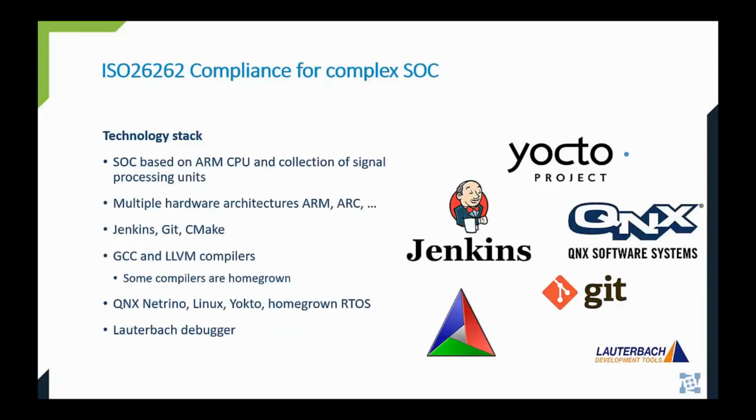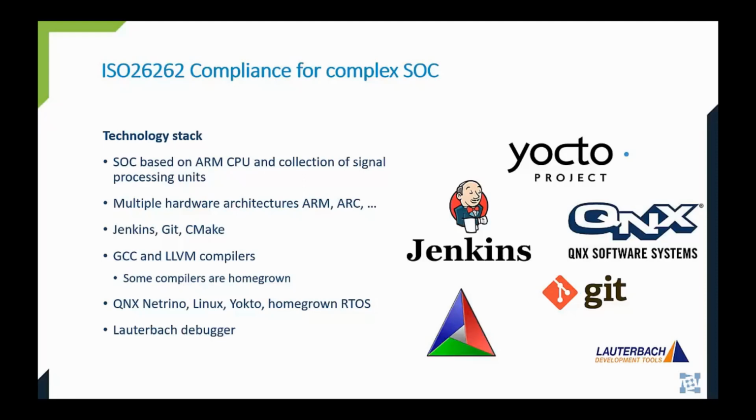And their technology stack is difficult to describe in one slide. There are more than 50 software components included in the SoC. Some of these components are developed exclusively for their main product, and some are shared with other products. And their development teams are distributed across the globe.